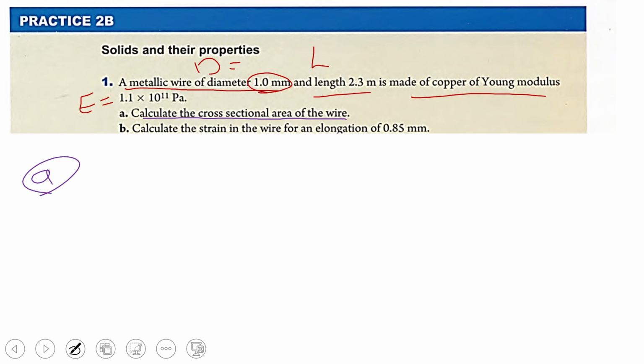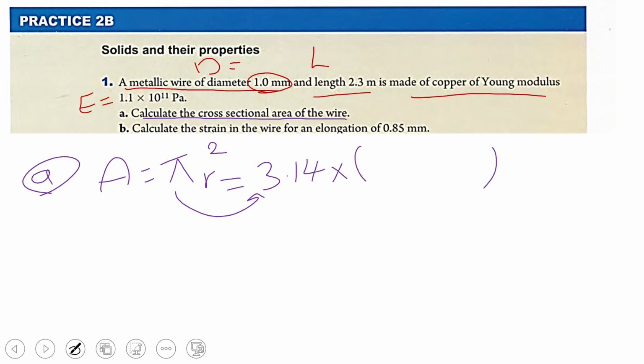We said that at the end of the wire we have cross sections, so we have to find the area. The area rule is equal to pi r square. So we know the value of pi is 3.14 times, make a bracket. But again, we don't have a radius, we have a diameter. Same thing as the previous question.